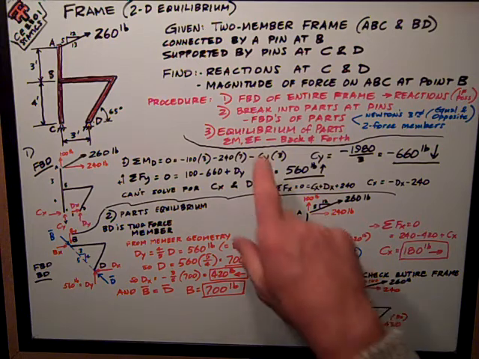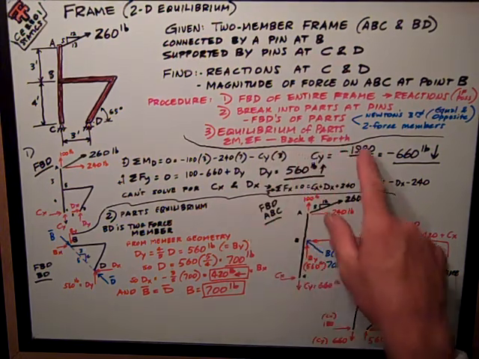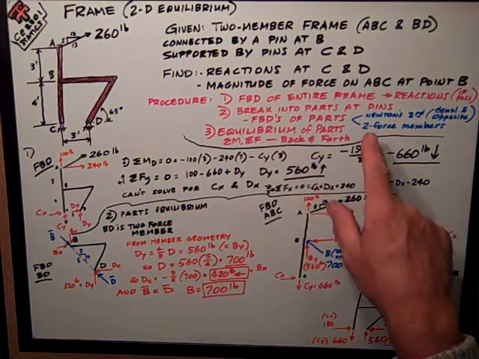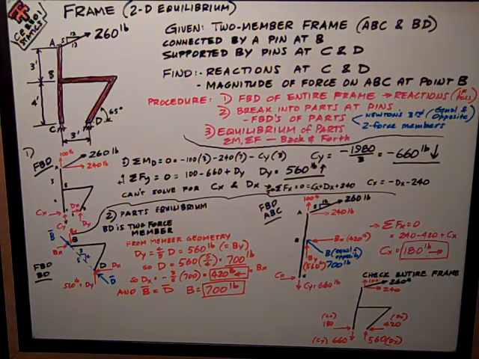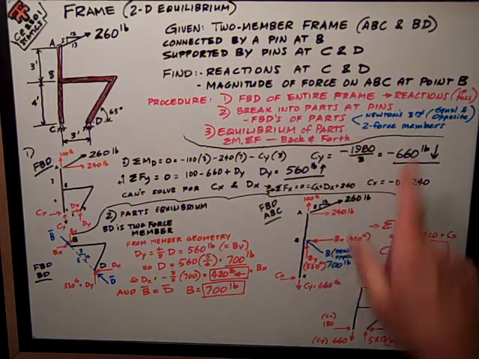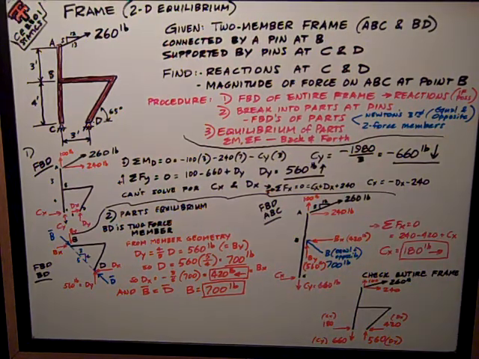Do a free body diagram of each of the parts, and the key things there are to assume Newton's third law, equal and opposite forces at the pins where they're joined together, and then look for 2 force members, because that really helps us with our geometry and helps us simplify the solution. And then just do equilibrium on the parts and pieces.